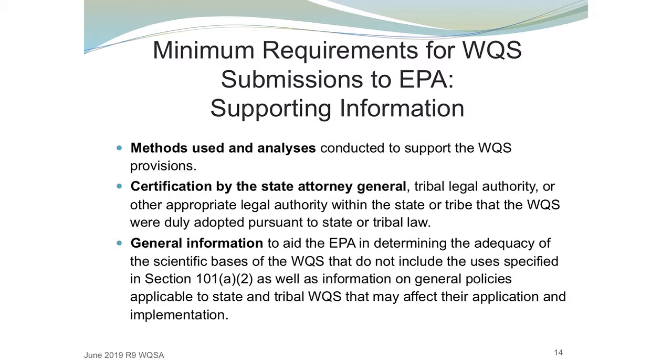General information to aid the EPA in determining the adequacy and the scientific basis of the standards that do not include the uses specified in 101(a)(2), as well as any information on general policies applicable to state and tribal water quality standards that may affect their application and implementation.